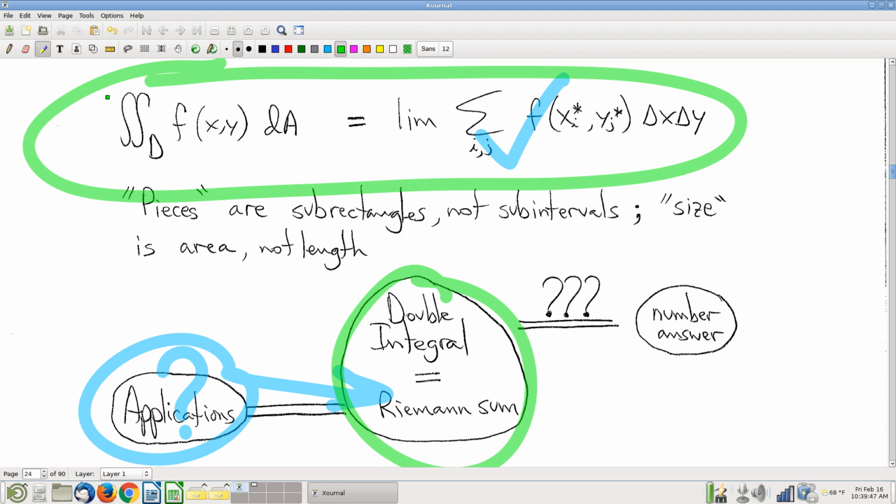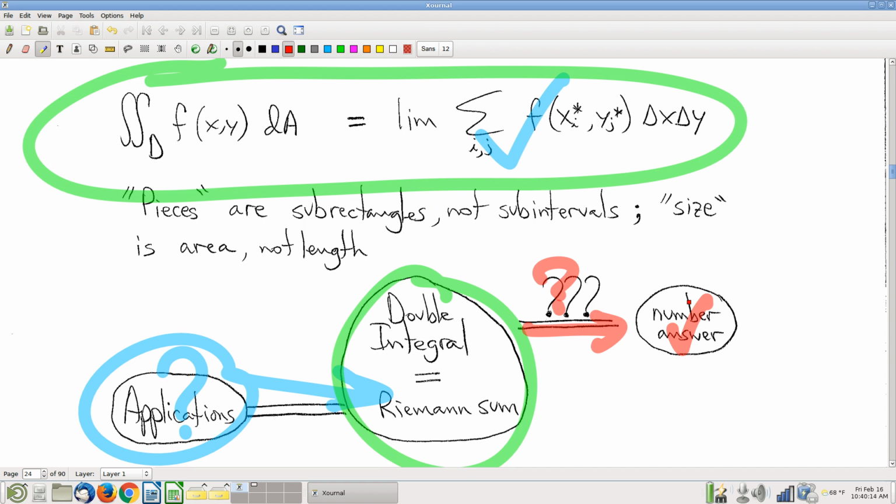So step one: rewrite some application as a Riemann sum, aka double integral. And then step two is how do we actually compute what we're interested in? How do we actually get a value? How do we evaluate these things? We'll come to that later. Right now, having defined double integrals, we're going to punt on computing them for the moment.